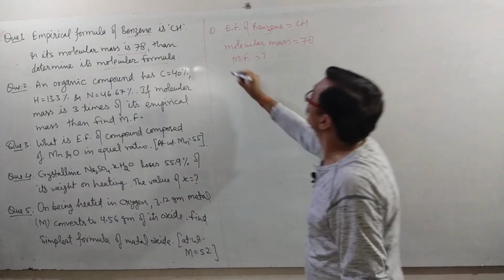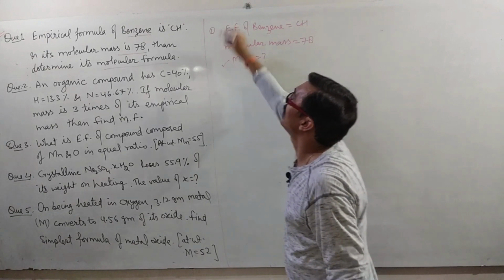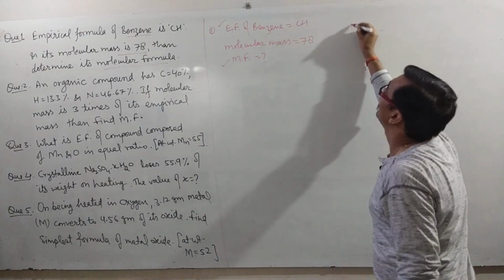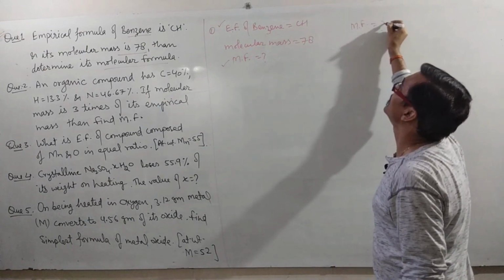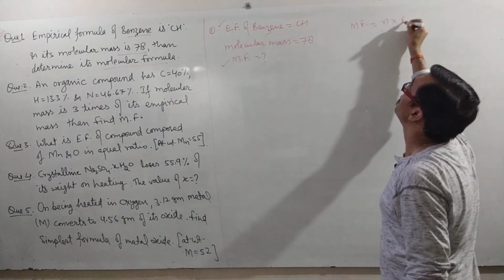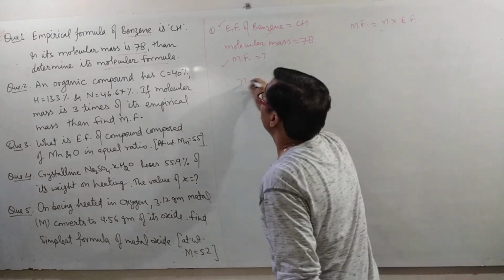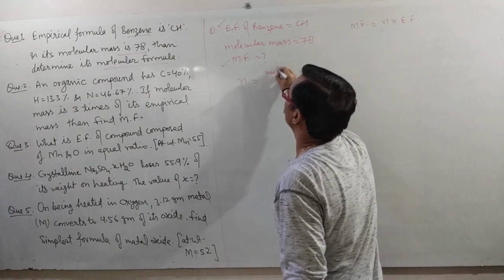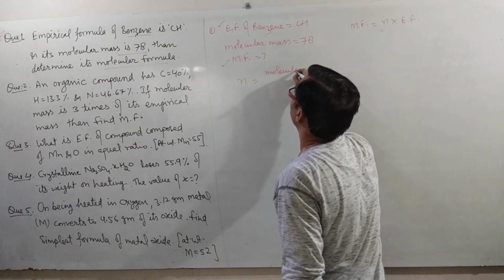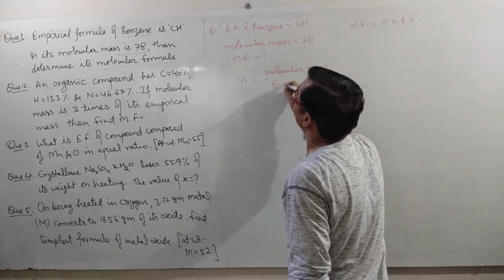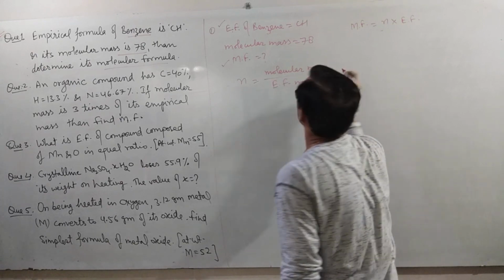Now, to find the molecular formula from the empirical formula, we all know very well that the molecular formula is equal to n into the empirical formula. But n is the molecular mass divided by the empirical formula mass.